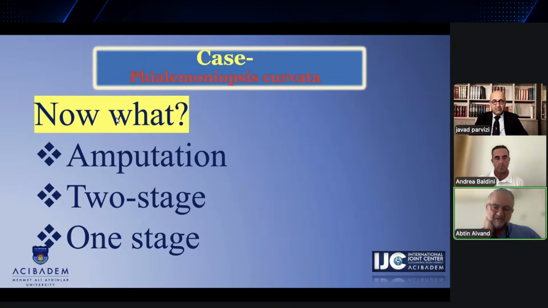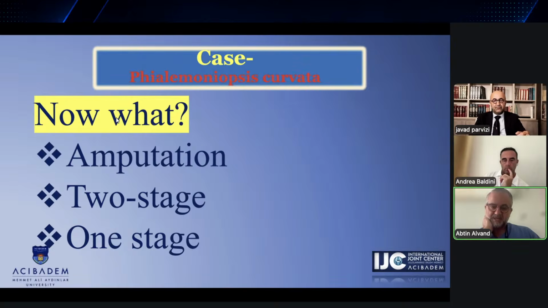But now, having seen a lot of the patients with the interstage issues and the functional outcome, and the patient just saying they've had enough, I'm tempted sometimes in these cases when I've got an organism, even though it's a fungus, to maybe lean towards the one stage. But that would be a discussion with the patient.